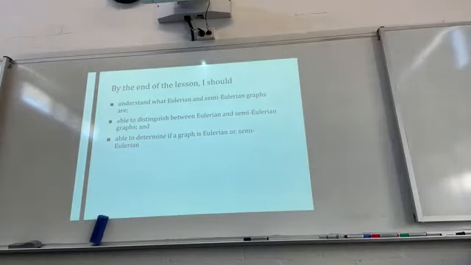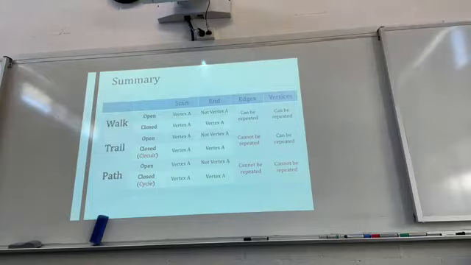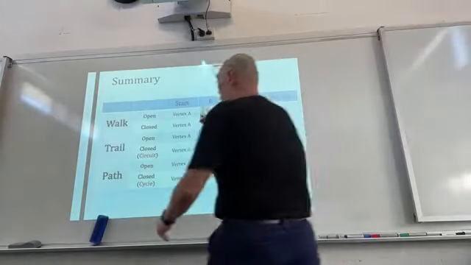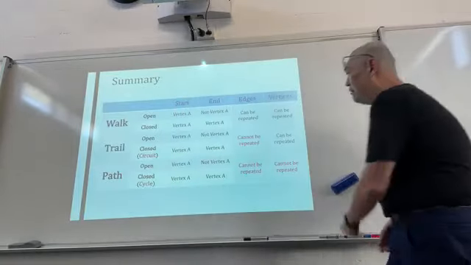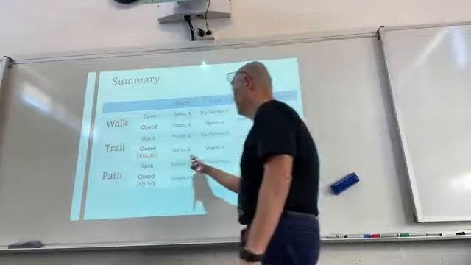When you're asked to determine if a graph is Eulerian or semi-Eulerian, you must also be able to use your knowledge to name the path. Remember from 1.5 weeks ago, we talked about walk, trail, and path. So now, what we're going to do is concentrate on trail.